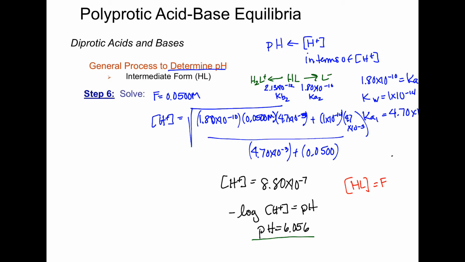So what we're saying there is that the concentration of HL is going to be much higher than the H2L concentration, and it's also going to be much higher than the L minus concentration. So let's validate those assumptions. Let's use our equilibrium expression to find these concentrations and then compare them to the HL.